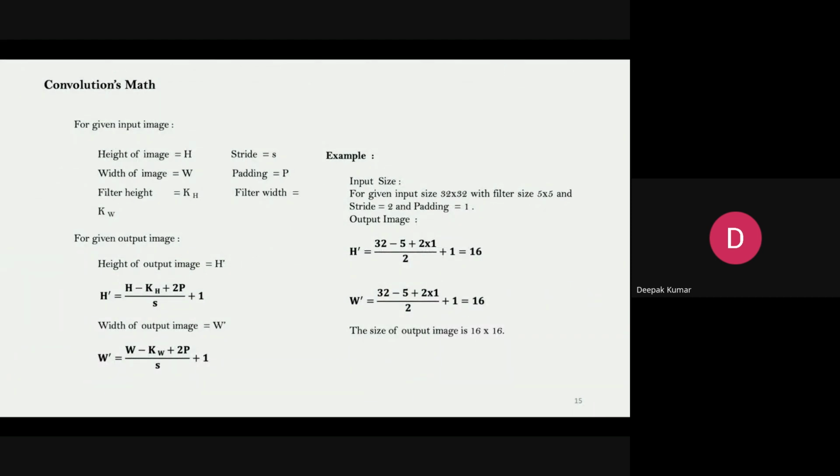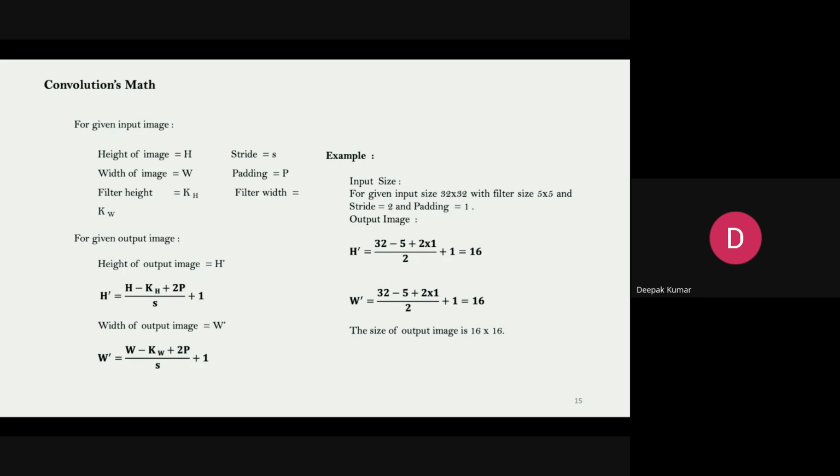So what would be the final dimension applying this formula? What would be the final dimension h dash applying this? Let's say we have an image of 32 by 32 and we apply a filter of 5 by 5 with stride 2 and padding 1.